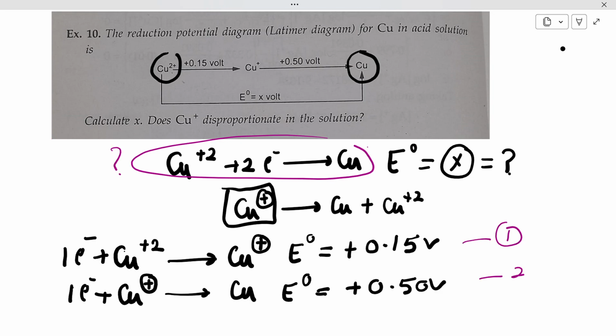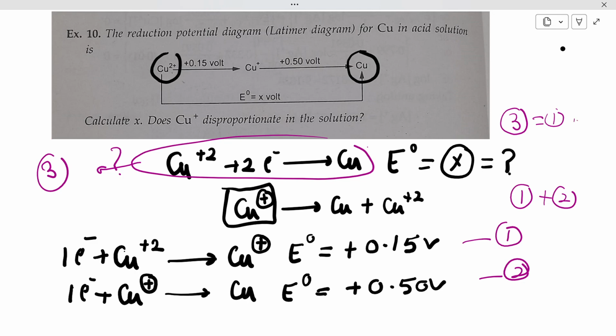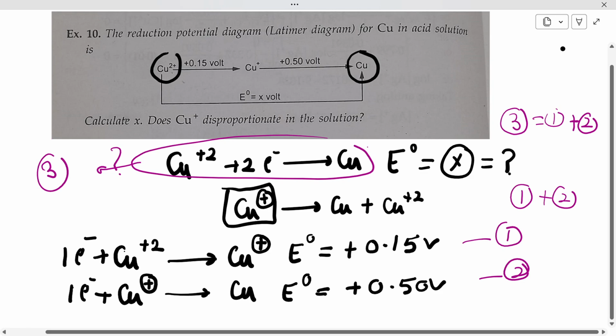Now we can observe it is the first reaction and it is the second reaction. If we add the first and second, then we get this reaction, that is the third reaction. So our third reaction is the sum of the first plus second reaction.